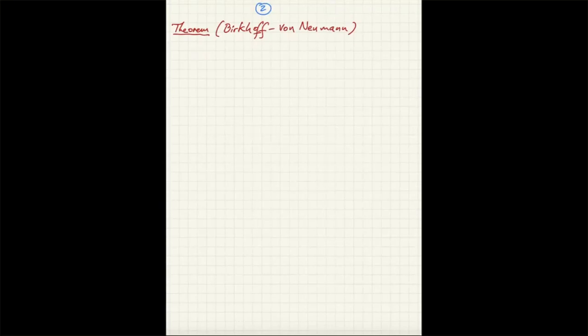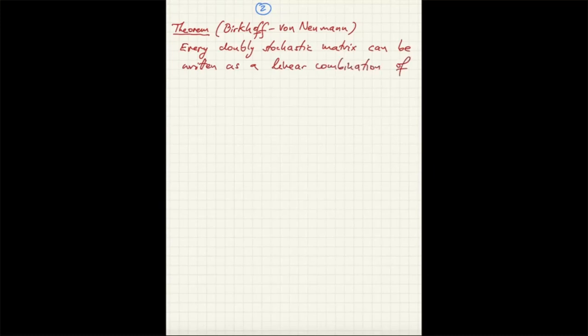He proved it around 1946, and I think independently John von Neumann proved it around 1953. And the theorem is the following: every doubly stochastic matrix can be written as a linear combination of permutation matrices.